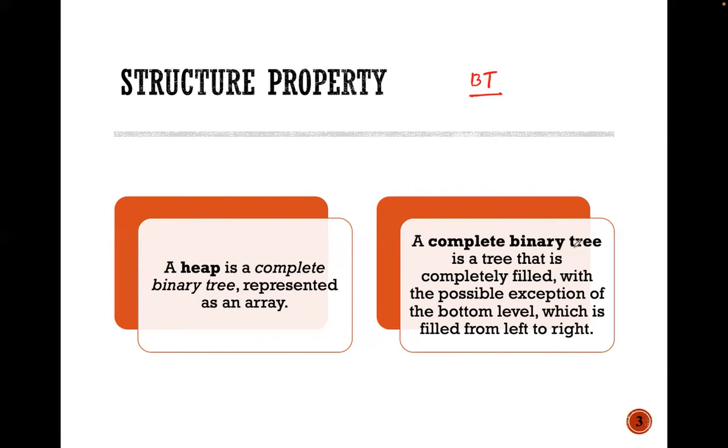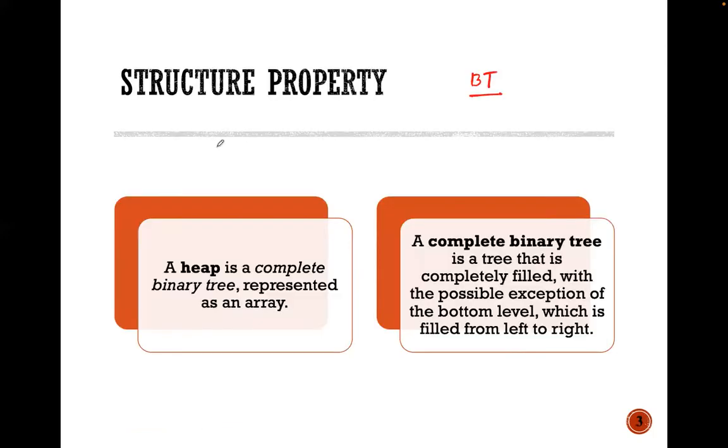So what is a complete binary tree? A complete binary tree is a tree that is completely filled in every level, with the only exception at the bottom level. In the bottom level, we are going to add new nodes from left to right.